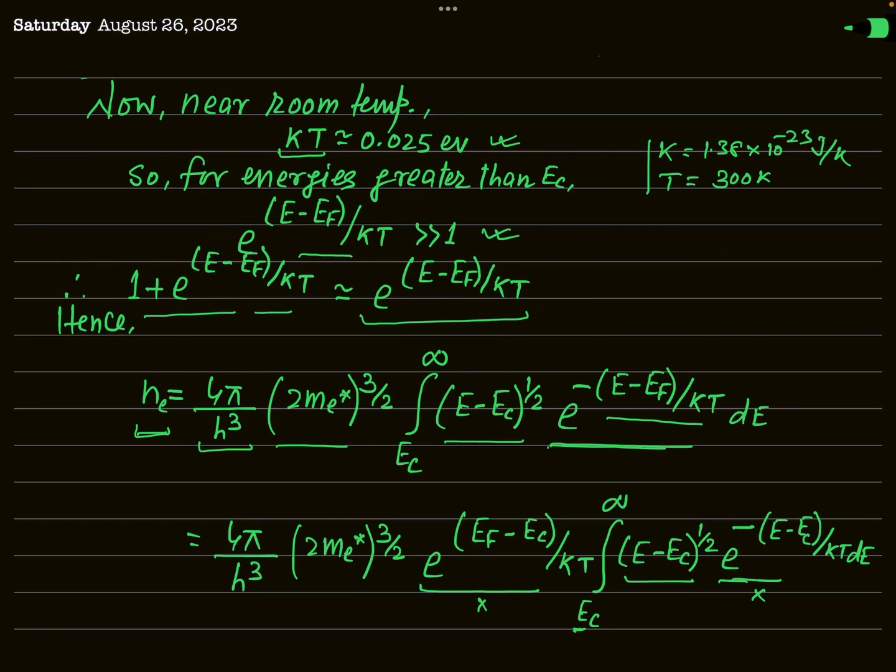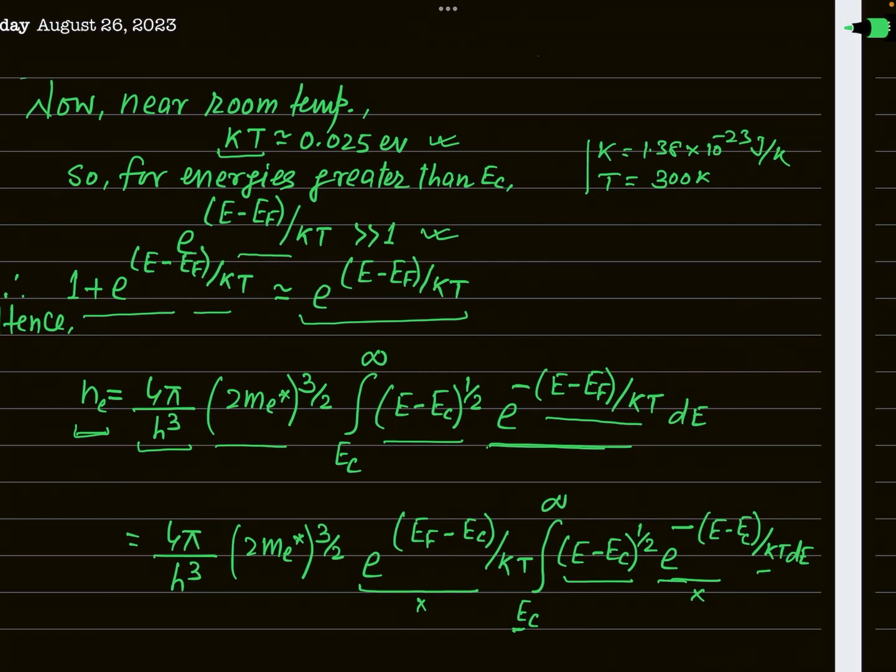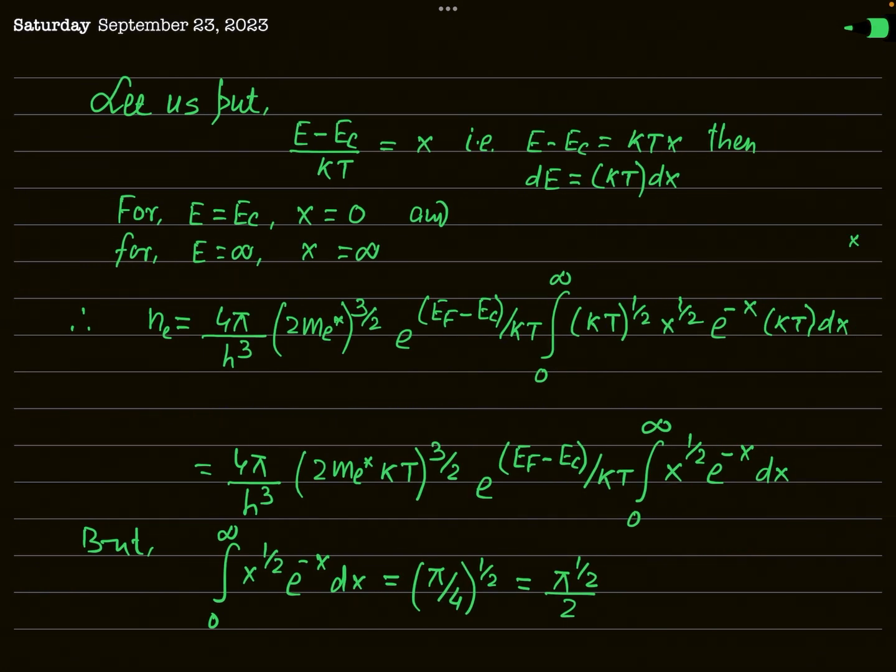Okay. So now to evaluate this integral, we use the method of substitution. We will substitute this (E minus EC) by KT with a new variable, let us say x. So I have substituted here, you can see (E minus EC) divided by KT is equal to x, or you can say that E minus EC is equal to KT times x.